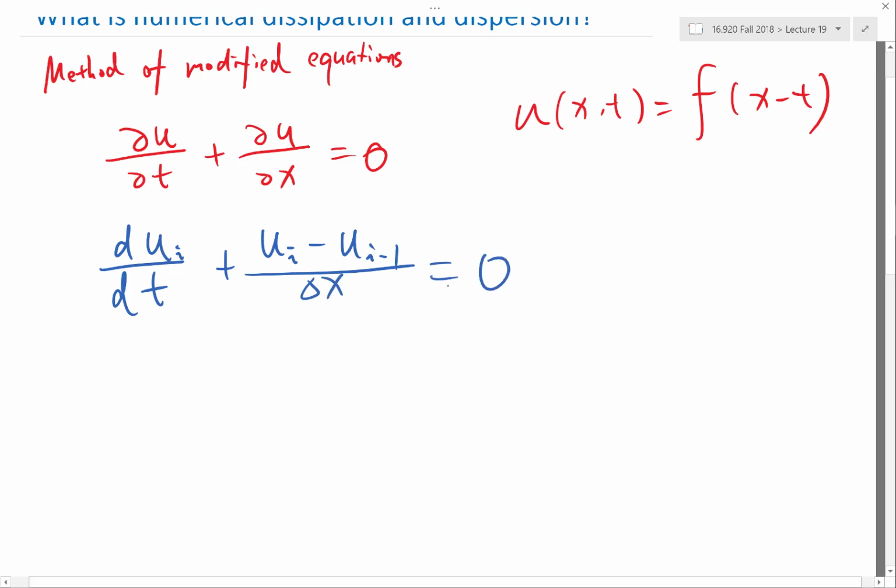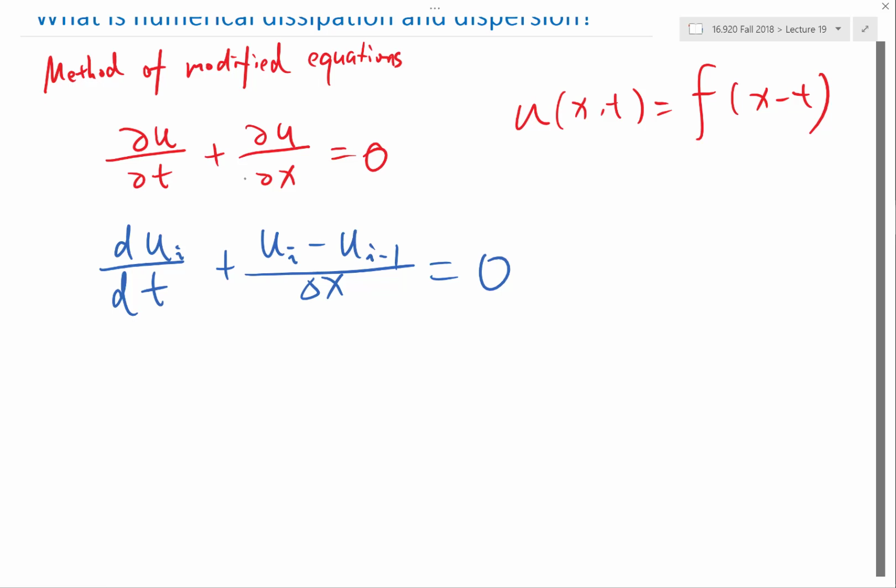Anybody have a question? No? Okay. So let's see, what's the behavior of this equation? Okay, we all know that this is only a first order approximation to the differential equation, right? And first order may not be very good.